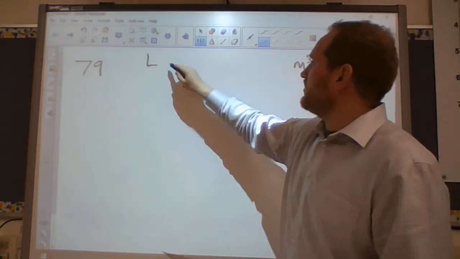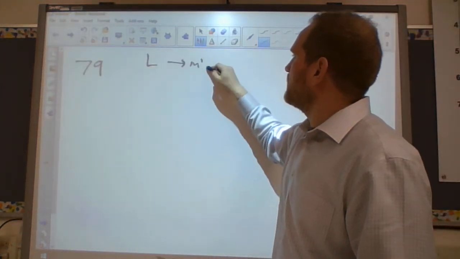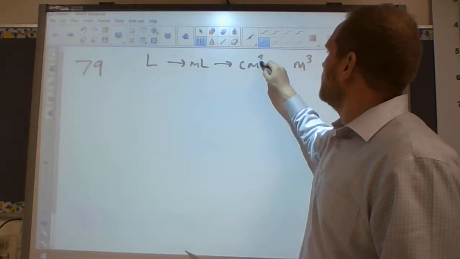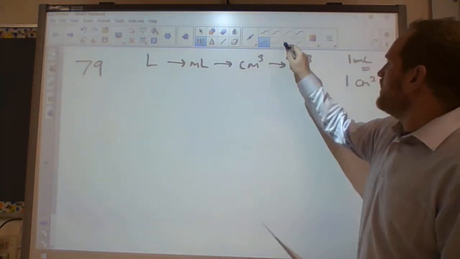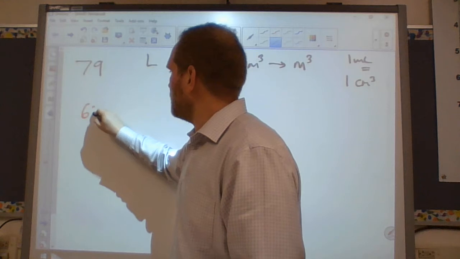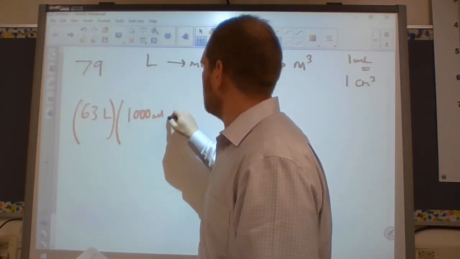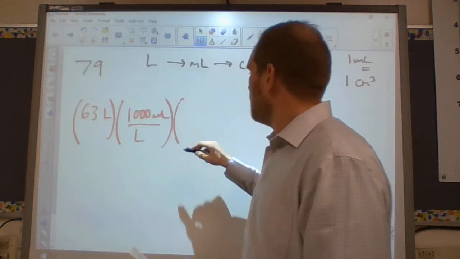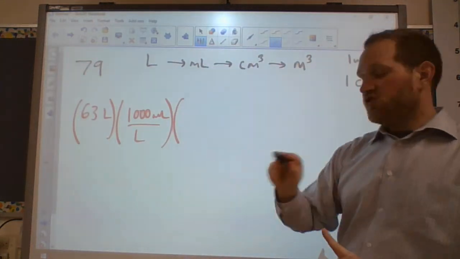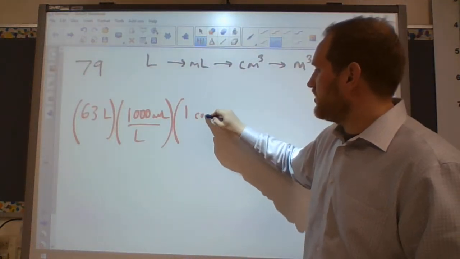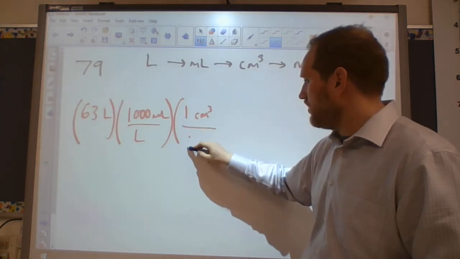So what we're going to do here is go from liters to milliliters to centimeters cubed to meters cubed. Okay. 63 liters times 1,000 milliliters per liter times, now it's a 1-to-1 ratio, 1 centimeter cubed per 1 milliliter.